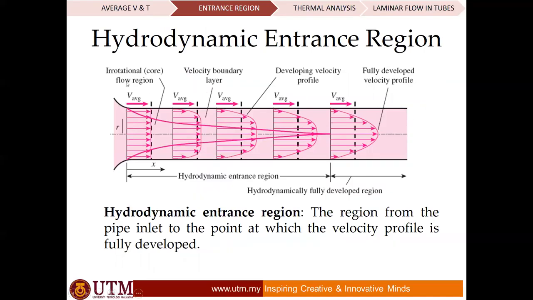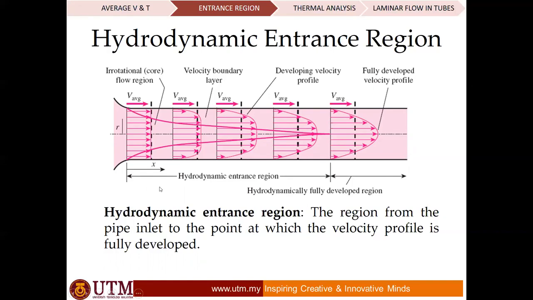So this is for internal flow, and this is very important. Originally, we have an average flow of V average. When it becomes fully developed due to viscous effect, the boundary layer grows and then you have a fully developed parabolic profile that looks like this.